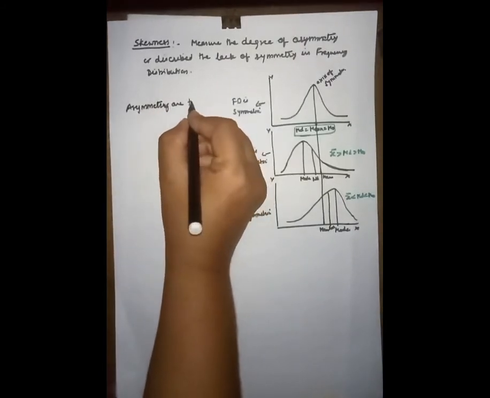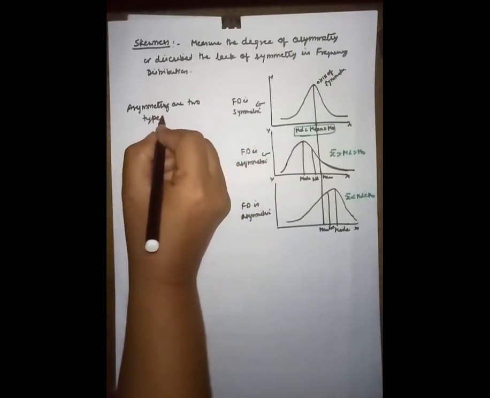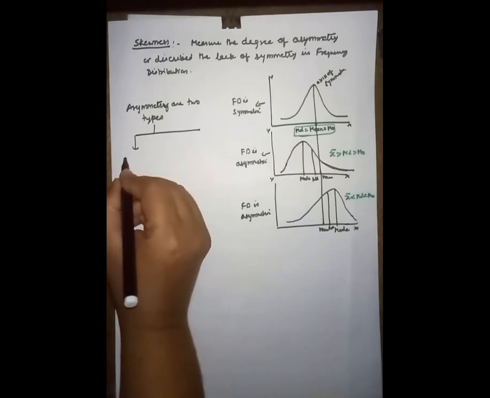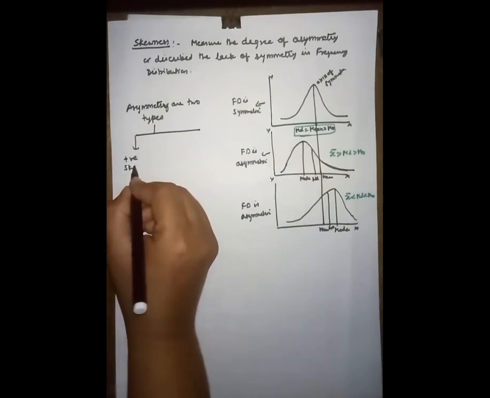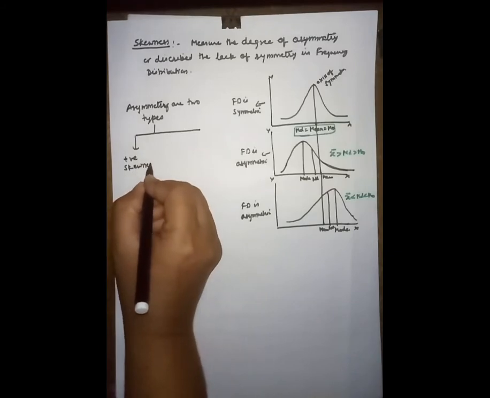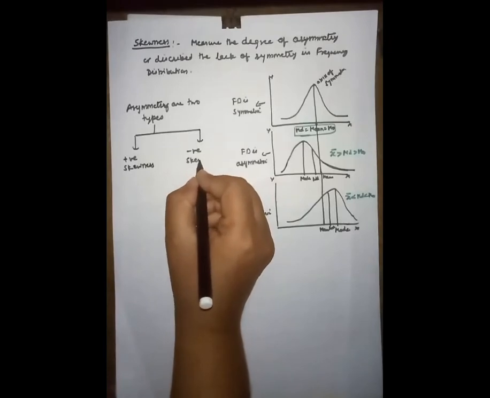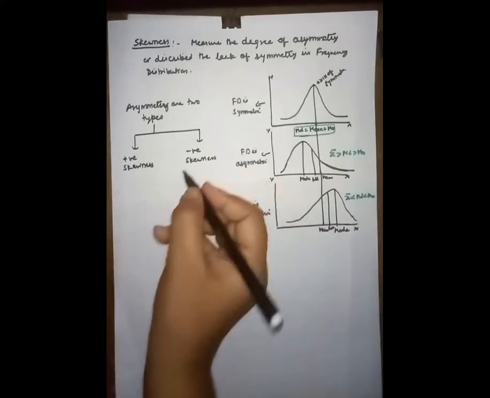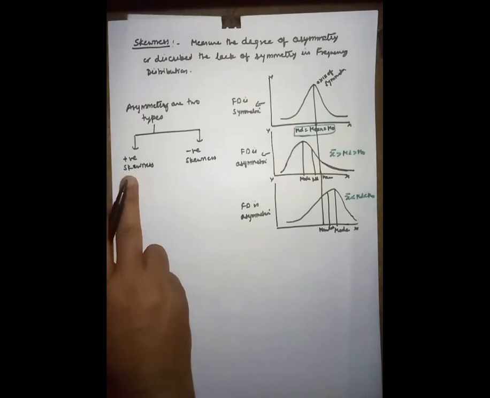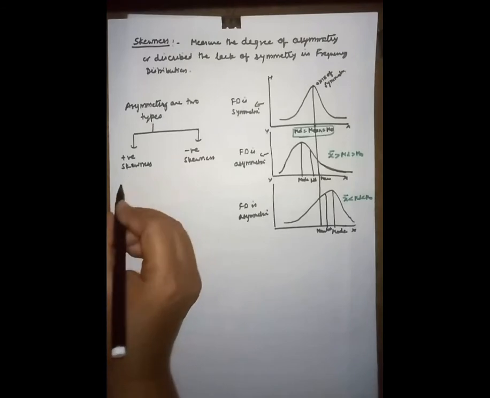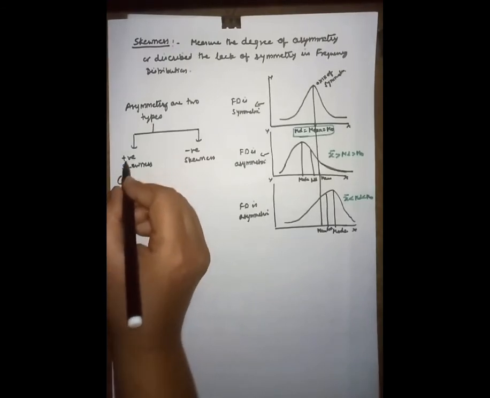Or you can say positively skewed distribution and negatively skewed distribution. Why is this one positive?